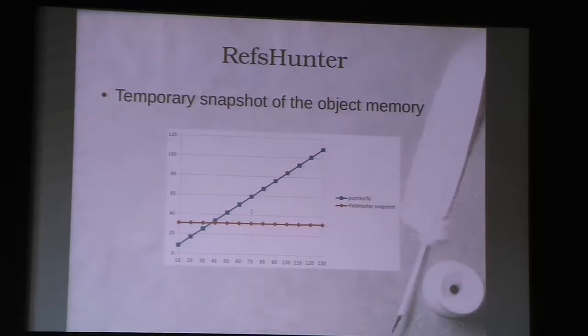And it's really important that it's almost static. You create the object memory snapshot once, and then you can ask very simply, and you do not need to create it every time you need to find some backward reference.